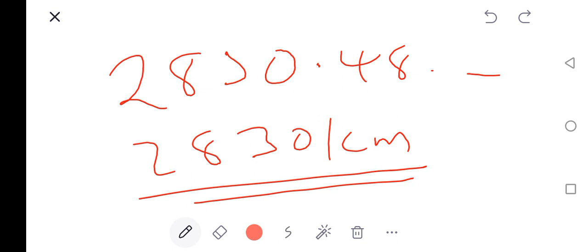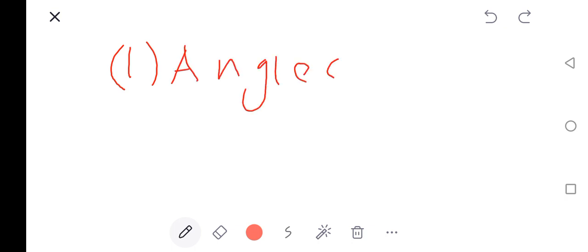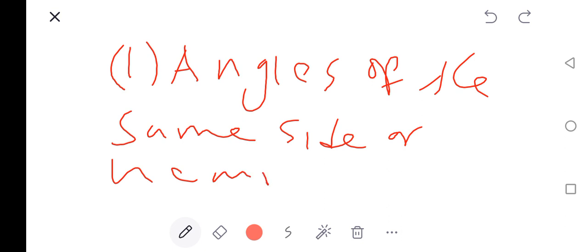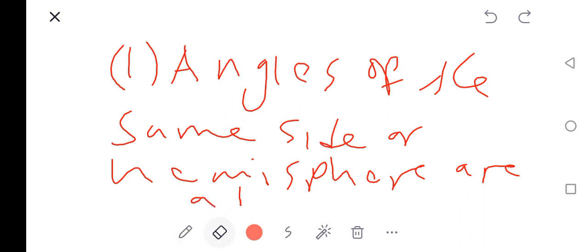So, there are just rules here. Rule number one is angles of the same side or hemisphere are subtracted.